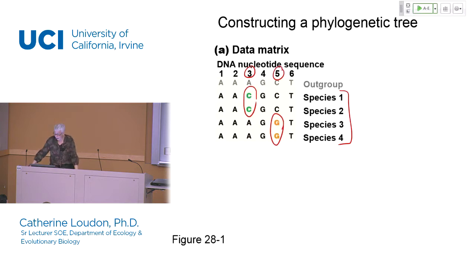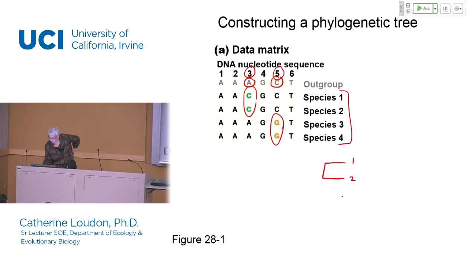And specifically, species 1 and 2 have C at nucleotide location number 3, which is different from the inferred ancestral condition. So this is something that's shared by 1 and 2 and not by the others. So this sounds like species 1 and 2 are sister groups. So let's go ahead and make them sister groups. Similarly, 3 and 4 share G in nucleotide position 5, which is different from the inferred ancestral condition.